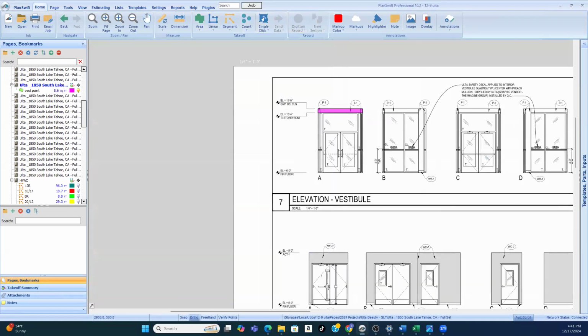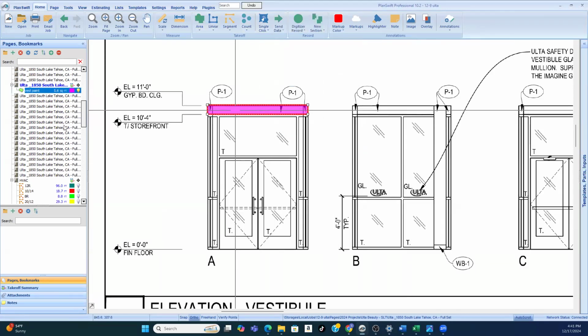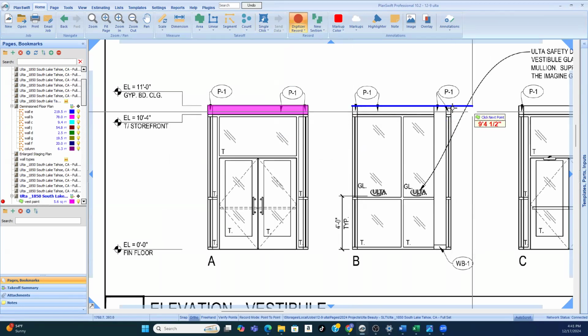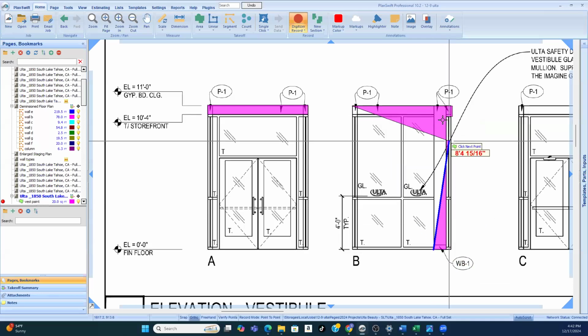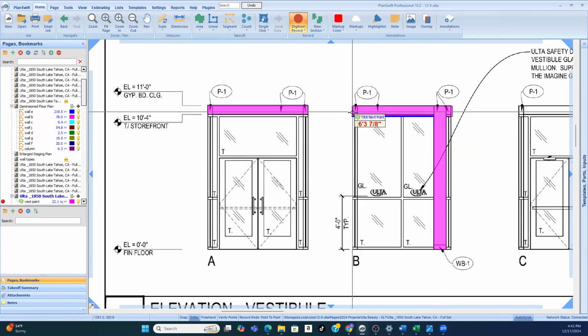Okay, so now I'm the painter and I know that I'm going to do all of these actually. So I'll know how many square feet of paint for the vestibule. And then we have wall base number one everywhere but at the window, which makes sense.